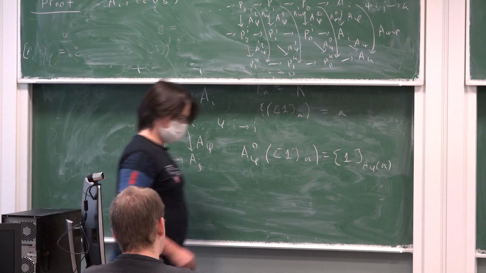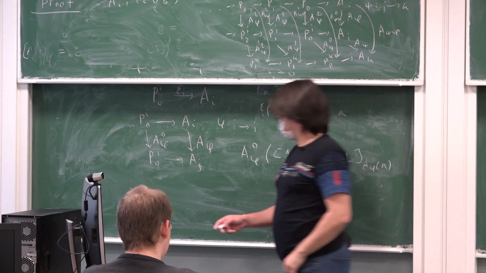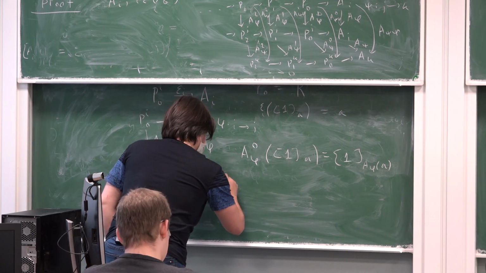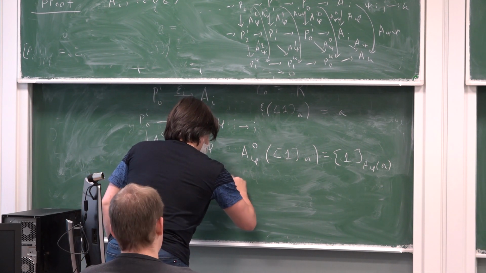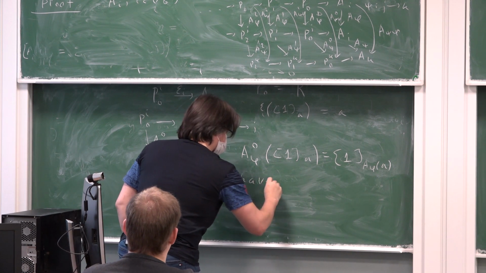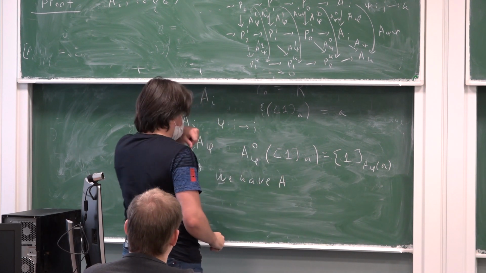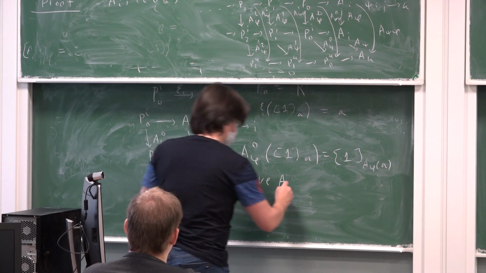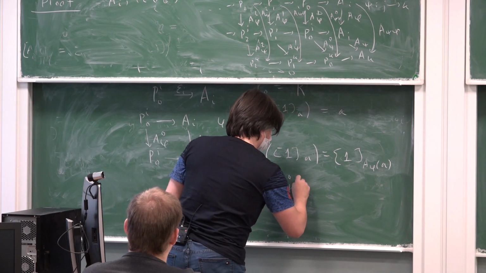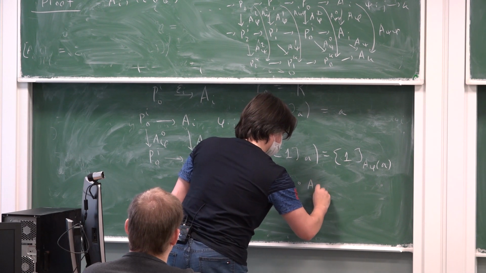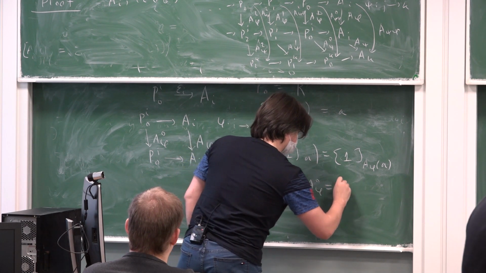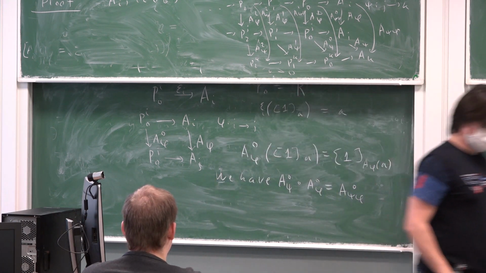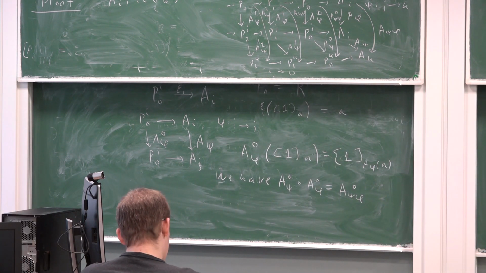And also it's clear that in this case we have A psi 0 composition A phi 0 equals A psi phi 0. So we obtain a functor.